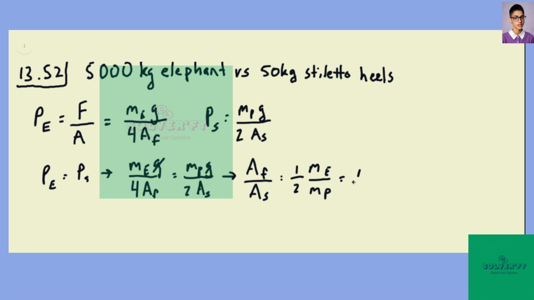So this is 1/2 times 5,000 divided by 50, so this is 500. So if the area of an elephant's foot is 500 or less times the area of the contact for a high heel, then the elephant would exert the same or more pressure.